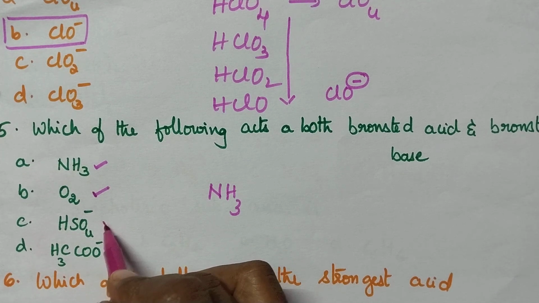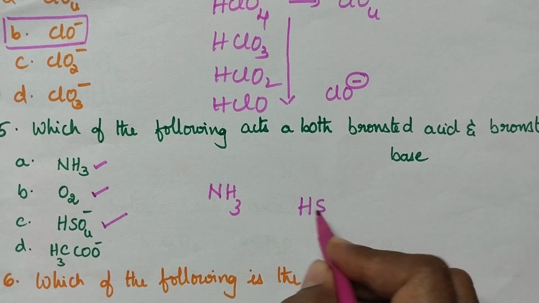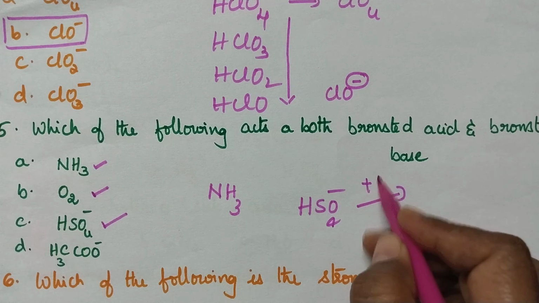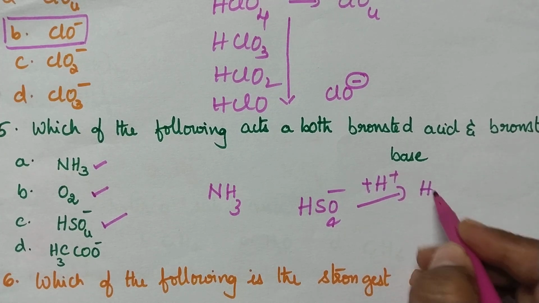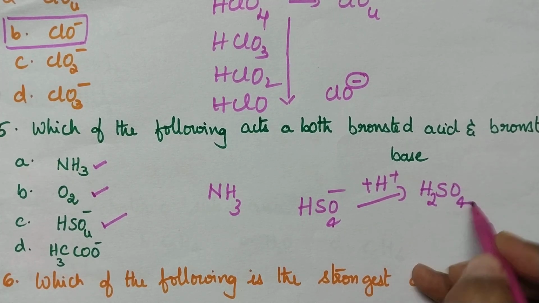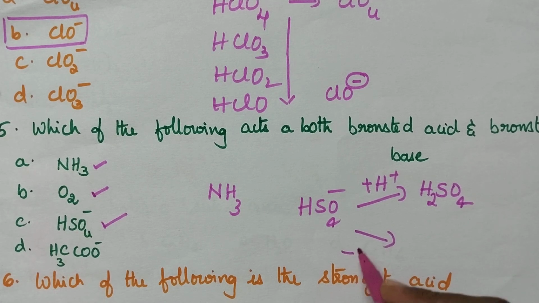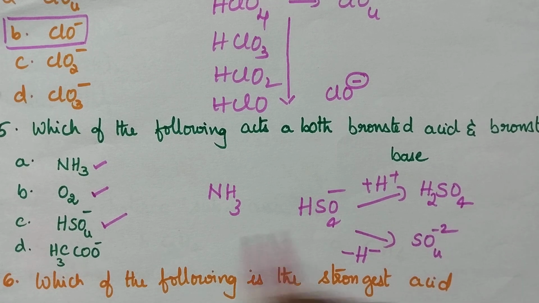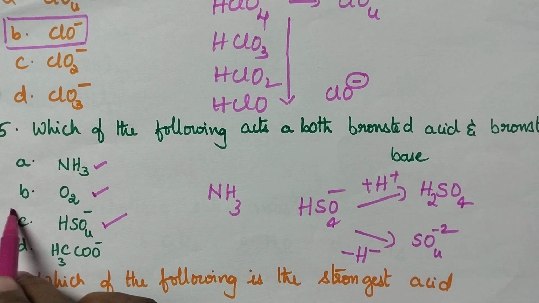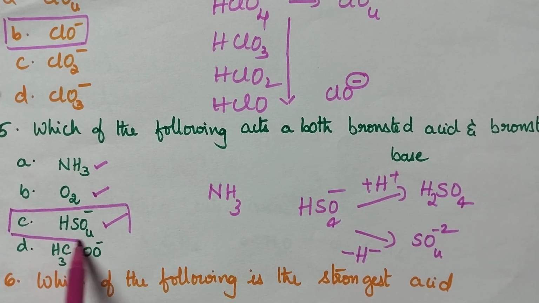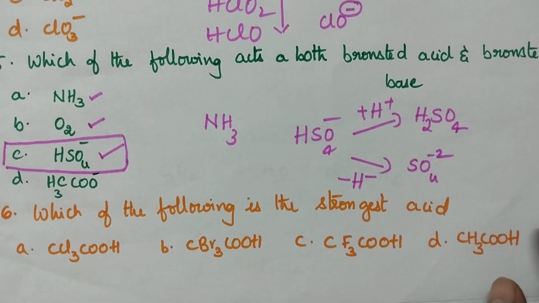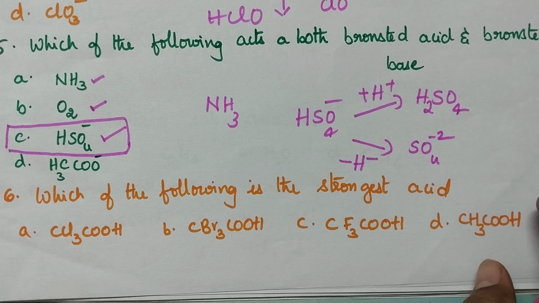When you move to option C, that is HSO4 minus, it is capable of accepting a proton, then it becomes H2SO4, and also capable of donating a proton, then it becomes SO4 minus 2. So in the given options, option C is the right answer. It can act as both Bronsted acid and Bronsted base.